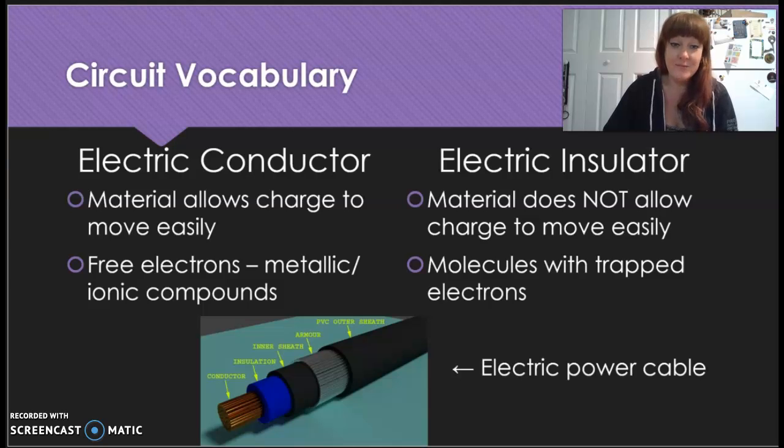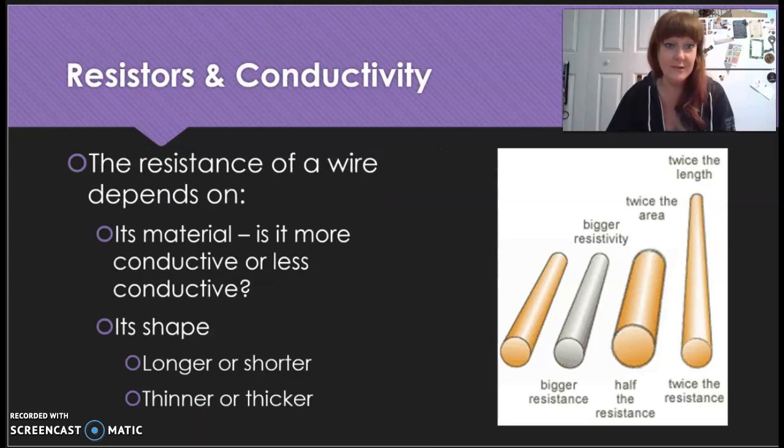So we also have properties of our conductors based on how those atoms are arranged. Even if we have a piece of metal that is a conductive material, its shape also determines how much resistance it has to the current flowing through it. It might not be a superconductor.